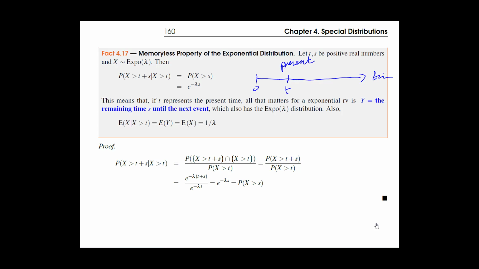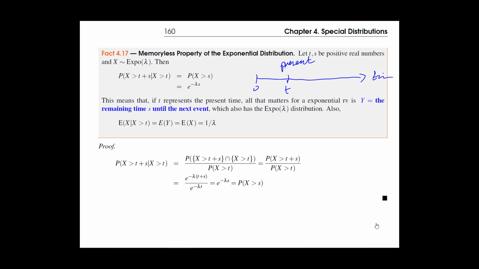Okay, and then you ask the question. Remember, X, let's interpret it as the time between events of this Poisson process, like the time between earthquakes. So you start at time 0, and all the way up to time t, there haven't been any earthquakes.